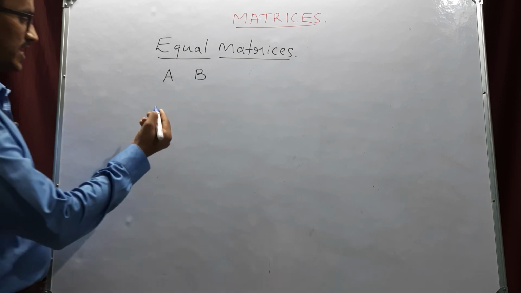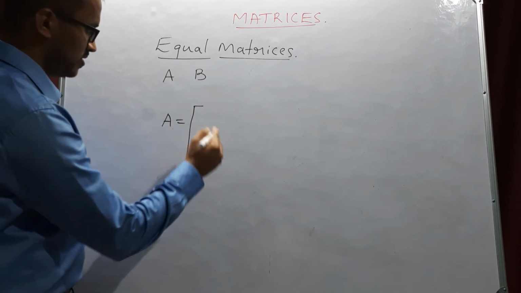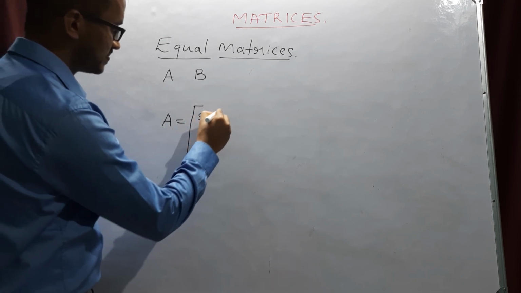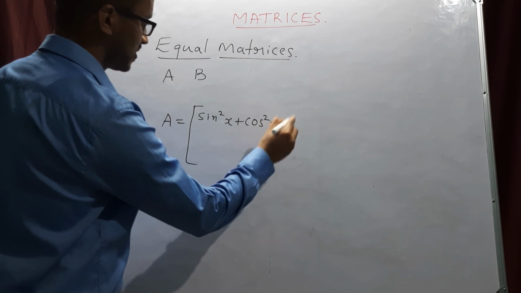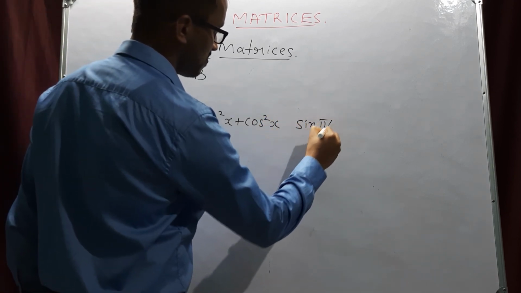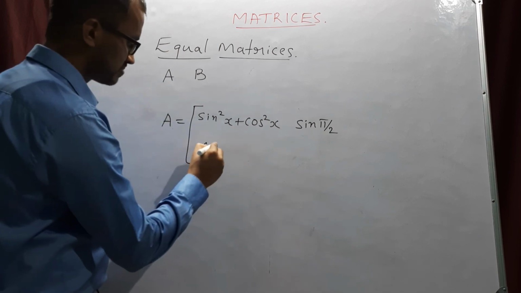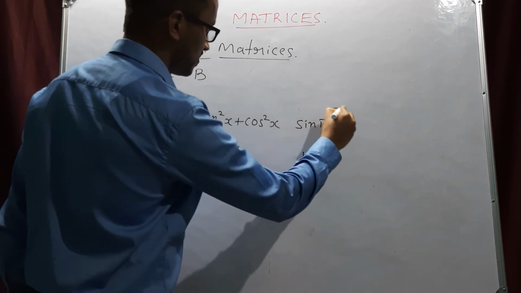Suppose we consider an example. Suppose A equals sin square x plus cos square x, sin pi by 2, cos pi by 2, 1.